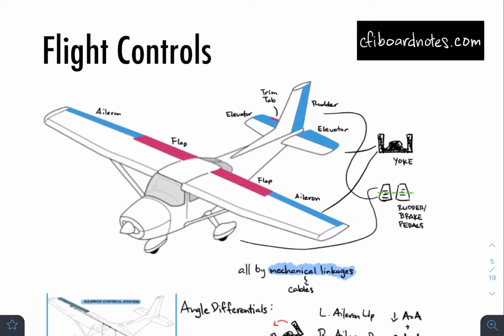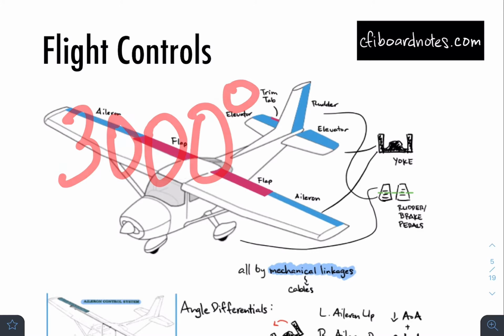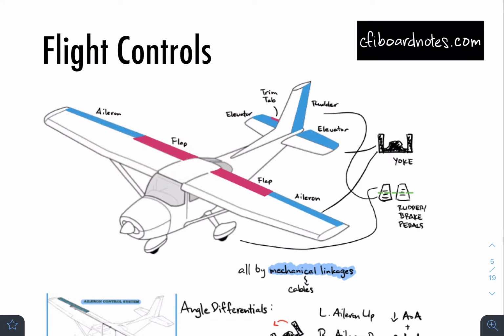So, for example, I use my trim tab to help stabilize my cruise. If I want to maintain an altitude, let's say 3,000 feet, that would require me to hold my yoke at a certain level.